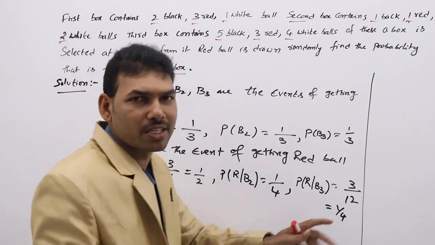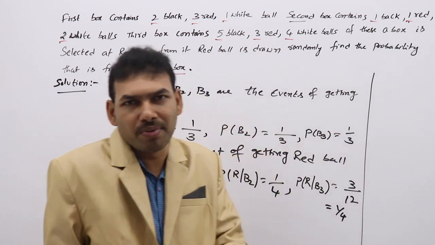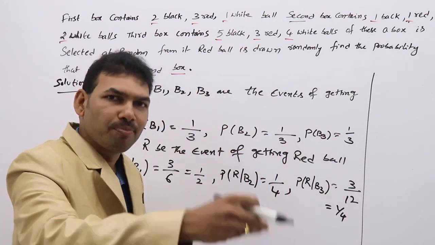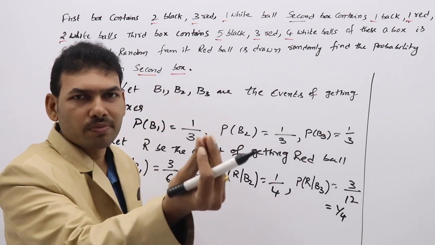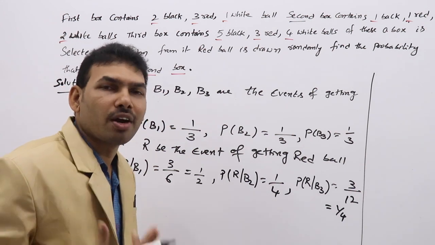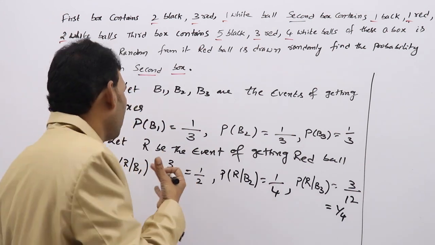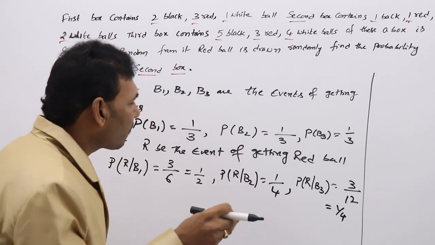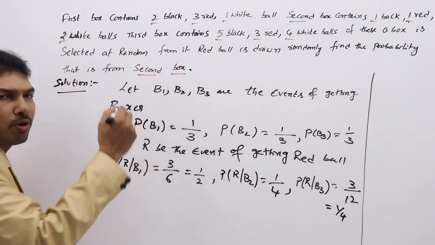There are 3 boxes. Randomly we selected one red ball from one box, but we don't know which box it came from. Now we need to find the probability of getting that red ball particularly from the second box.